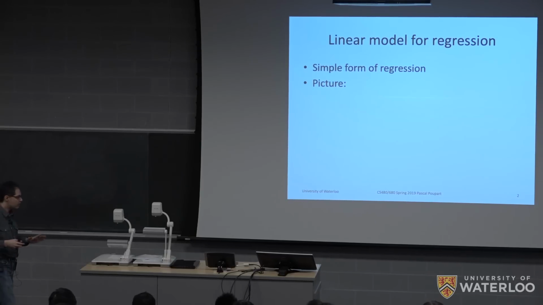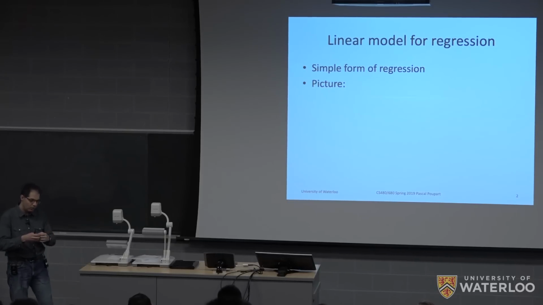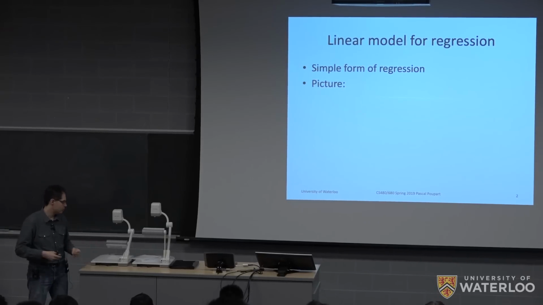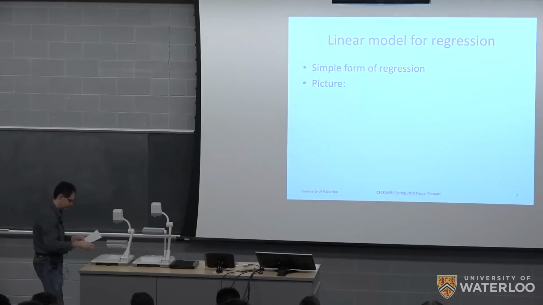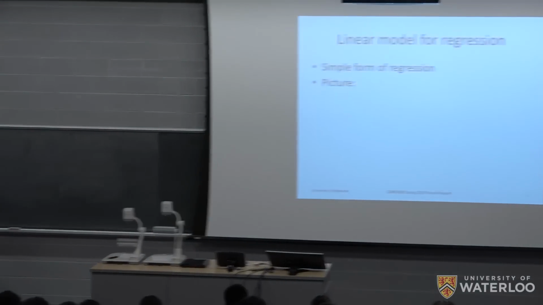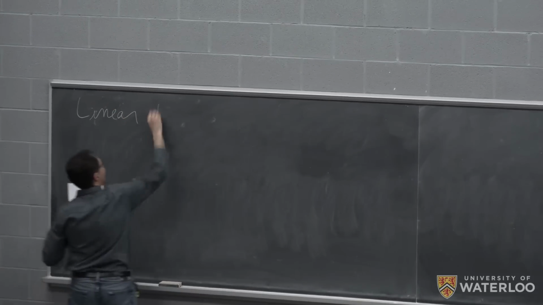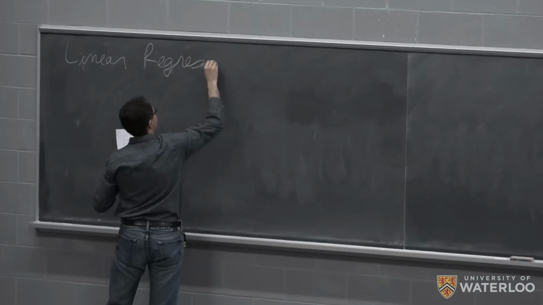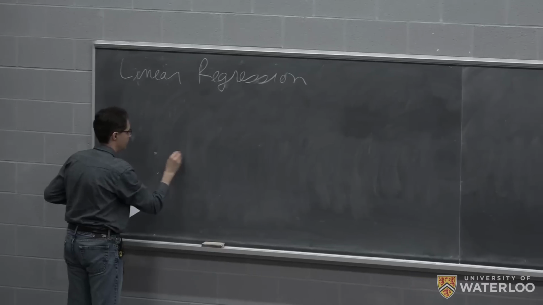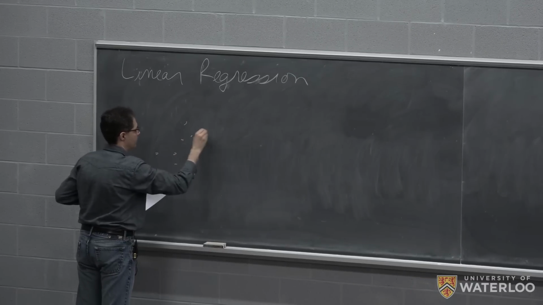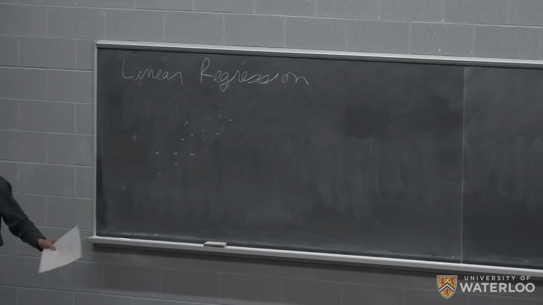Okay, so let's start by simply drawing on the board a picture that will illustrate what we're really doing when it comes to linear regression. In linear regression, you start by having a data set.